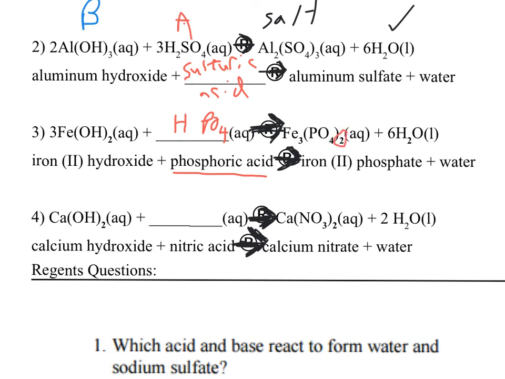That means I should have two PO4s on the left-hand side. That could mean one of two things. I can either put this in parentheses and put a little 2 at the bottom, or I might be able to move that 2 in front. I guess it really depends on how many hydrogens I need. Let's leave it like this for now, and we'll figure out how many hydrogens. Over here on the left, it says I have 2 OHs. That means a total of 2 hydrogens and a total of 2 oxygens. Oh, why did I draw an 8? I don't know what's wrong with me.